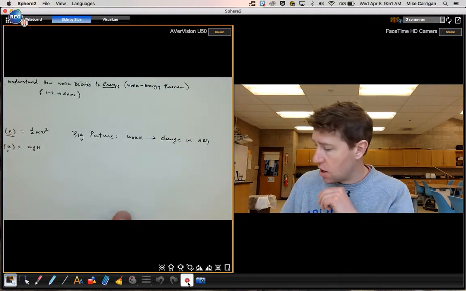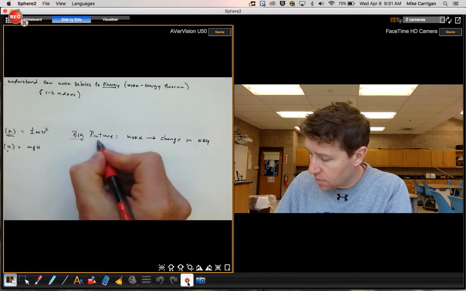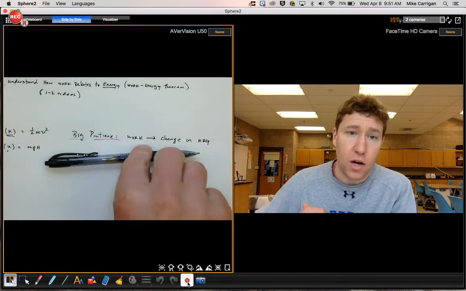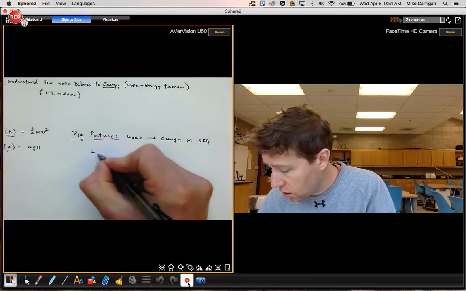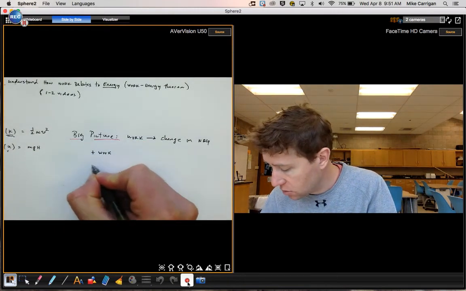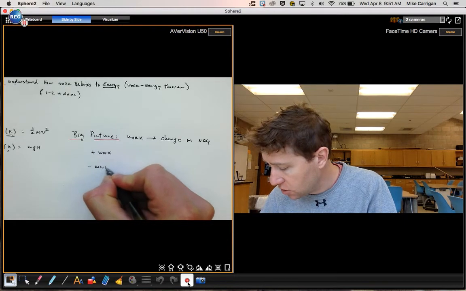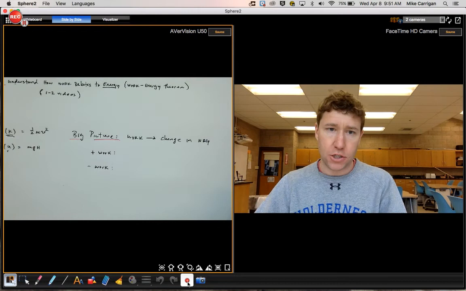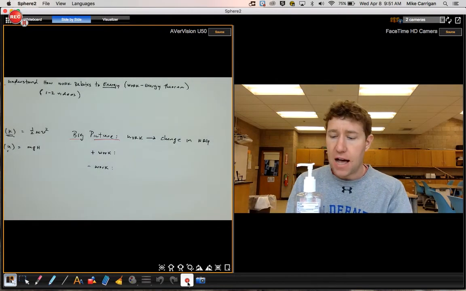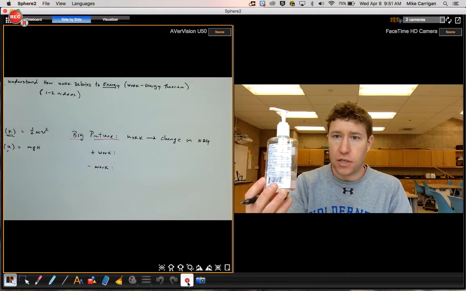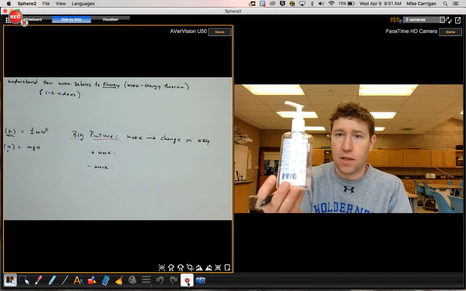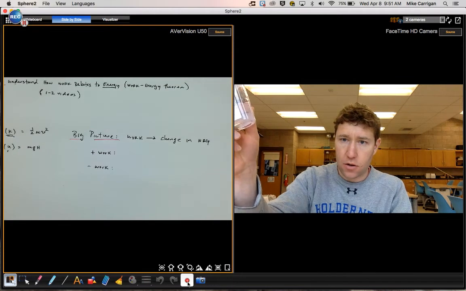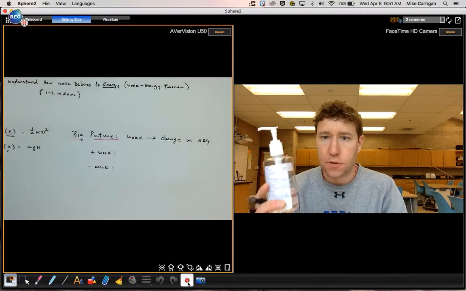As we'll see later on, we're getting a little bit ahead of ourselves here, there are basically two types of work I could do. I could do what's called positive work, and I could also do negative work. Just to understand the difference quickly, so that we have a sense of the big picture before we move on: if I increase the amount of energy, as I did before, if I lift this up, increasing the potential energy, or if I were to throw it, increasing the kinetic energy, that's positive work.